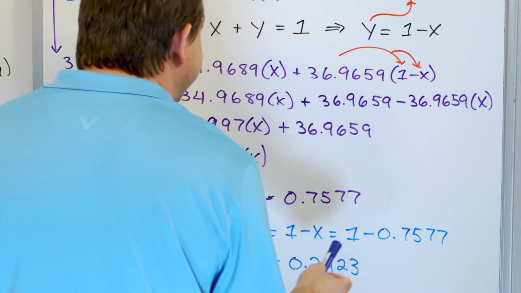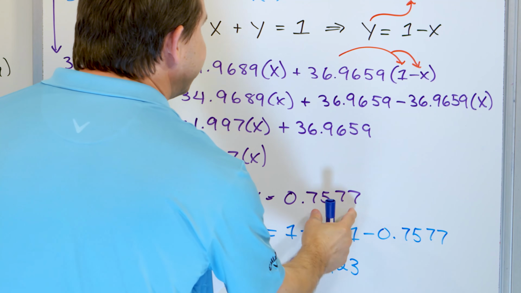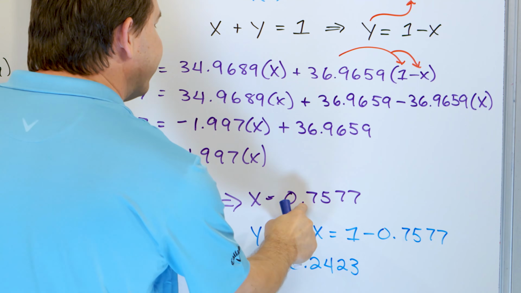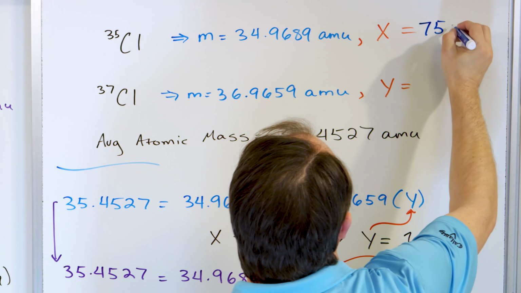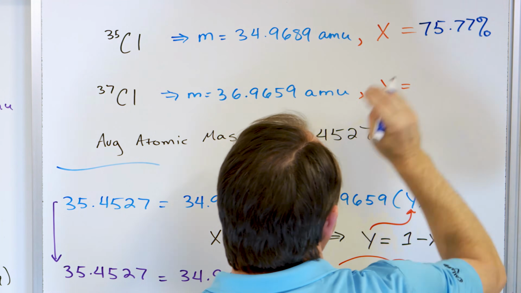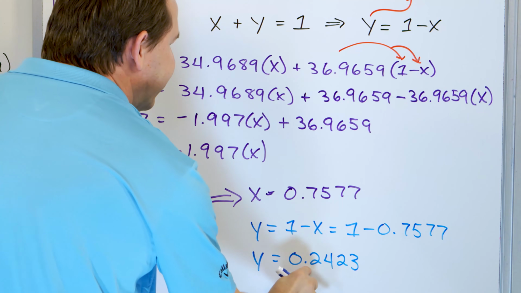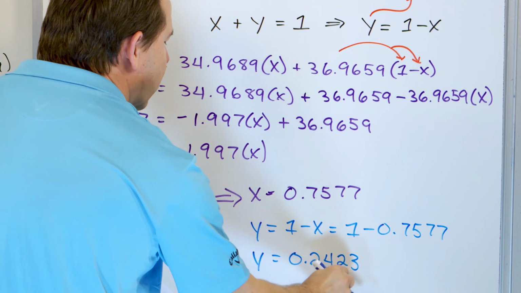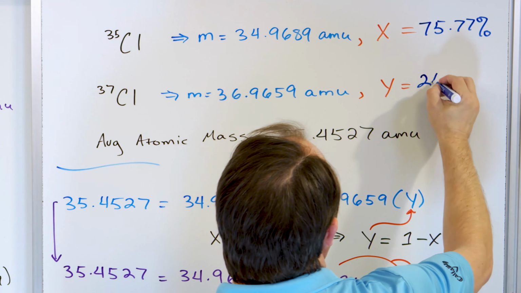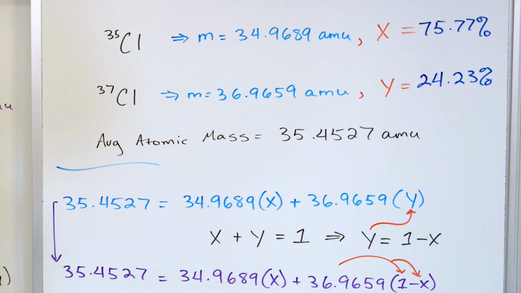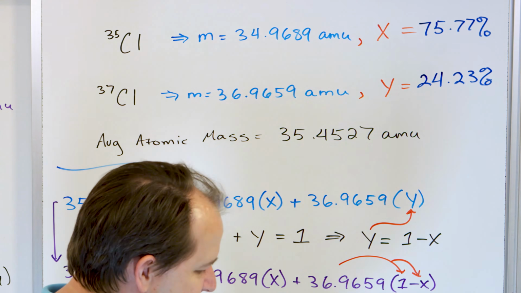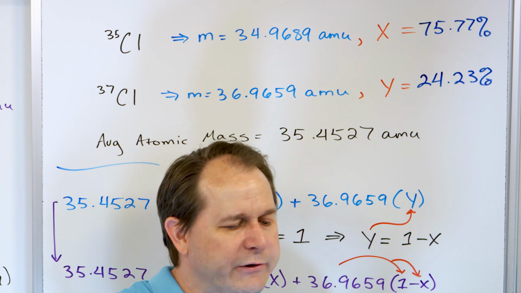And what we figured out is that x is equal to 0.7577, but expressed as a percentage, you multiply by 100, 75.77, 75.77% abundance. And then y expressed as a percentage, move the decimal, 24.23, 24.23% abundance.